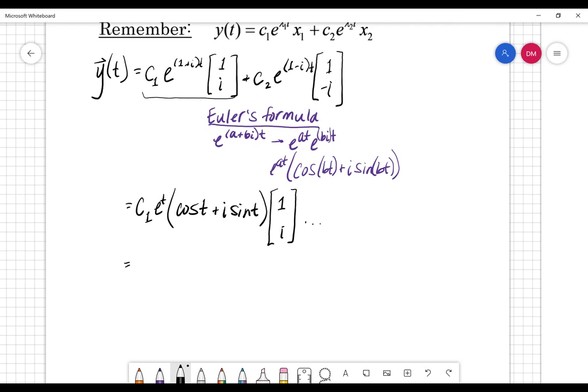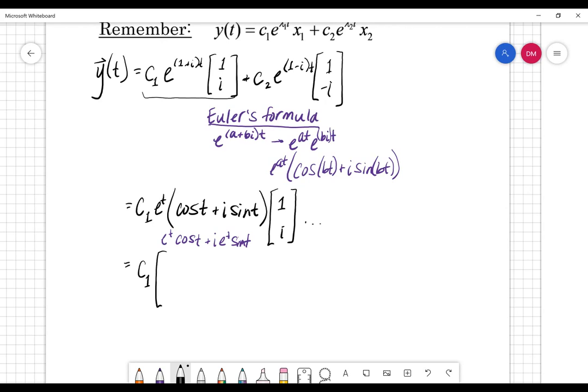So basically, I'm going to do my multiplication that I'm being asked to do right now. I'm going to combine two steps. So I should have e to the t cosine t plus, I guess we put i out in front, i times e to the t sine t. Now, the reason I wanted to do that is we're going to multiply it here and put this all into matrix form.